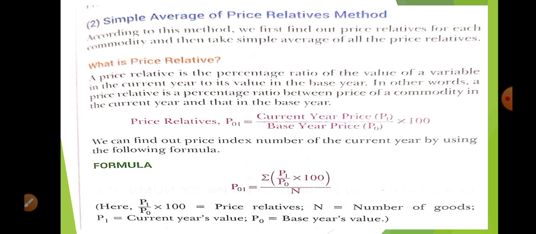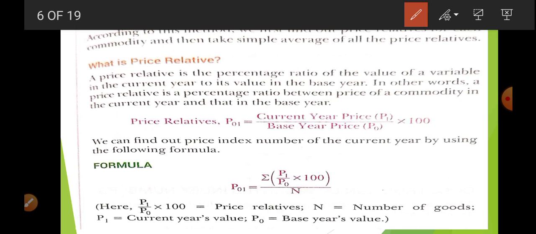Now come to the next, simple average of price relative method. What is this? Price relative is the percentage ratio of the value of a variable in the current year to its value in the base year. This is the equation: P1 upon P0 multiplied by 100.